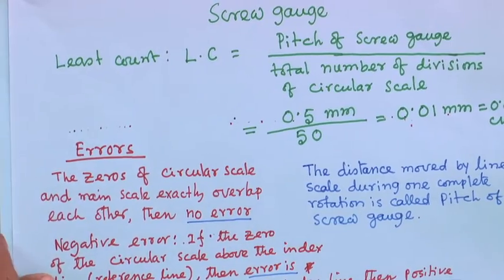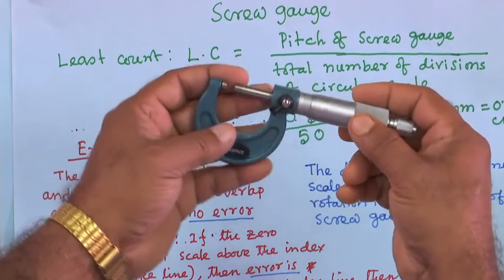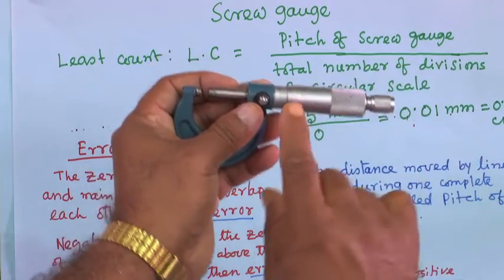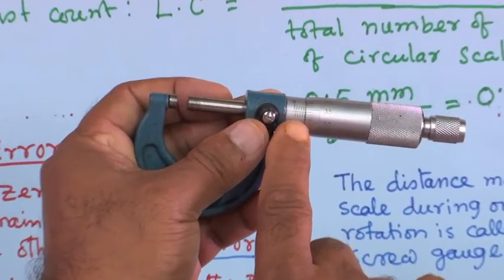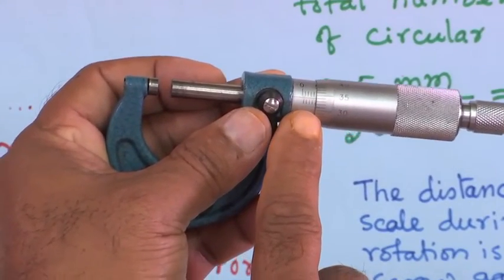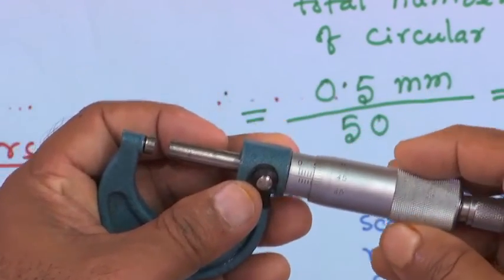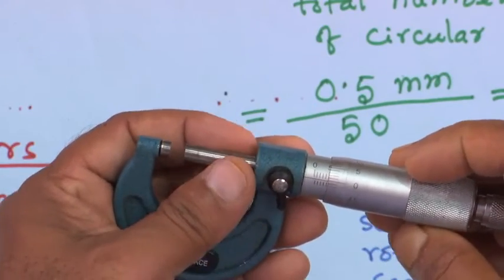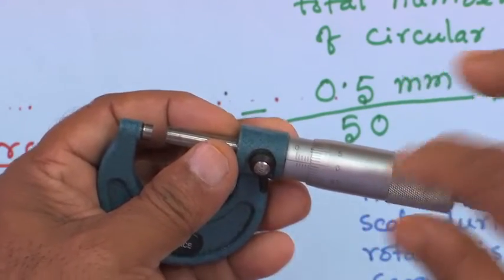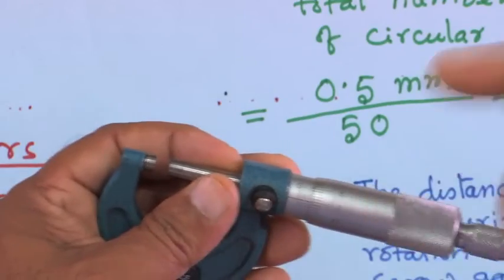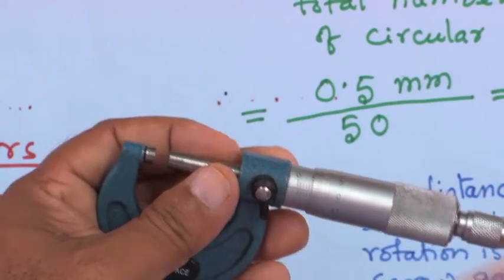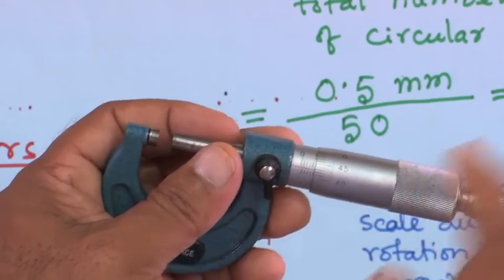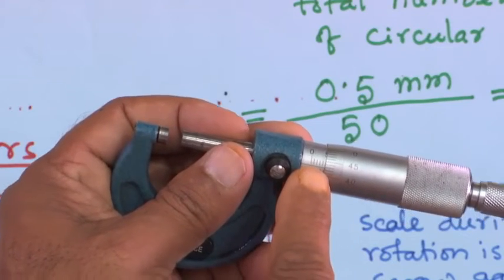Now, when you measure, taking the reading is also the same. Here you have to find out the reading in the linear scale. Okay. So, in this case, as I told, I rotated it by 10 divisions, but you do not need to count. That will be given by this linear scale.